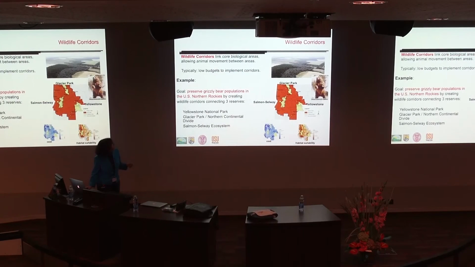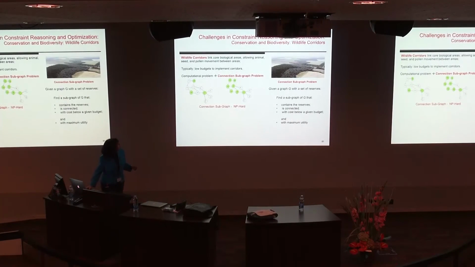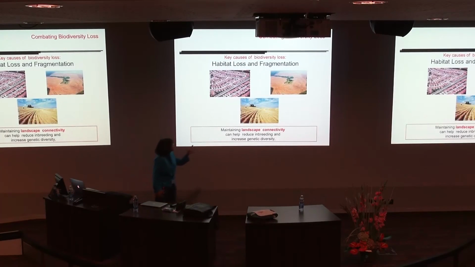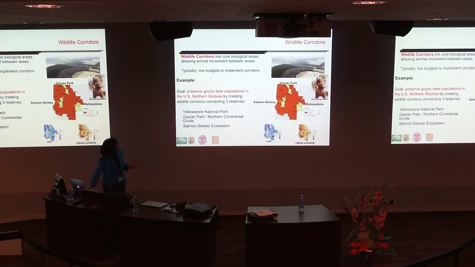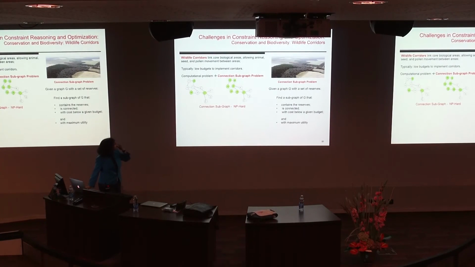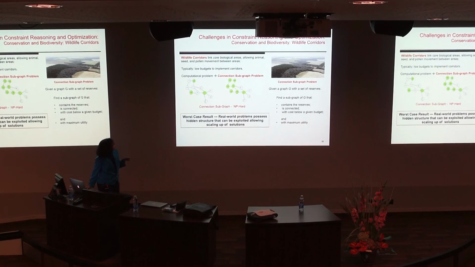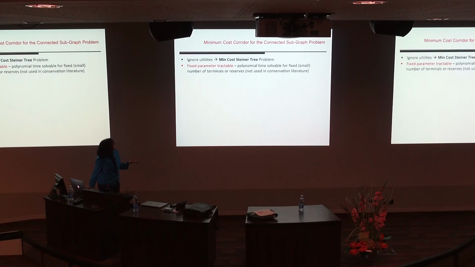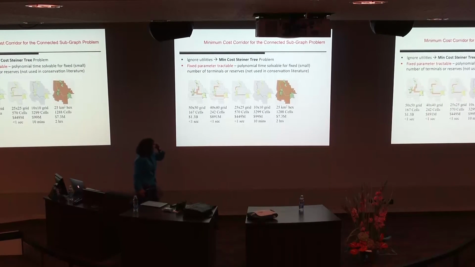So, I'll mention another big area, where in fact we started. This was also one of our first projects, building wildlife corridors. The idea is that you want to connect reserves so that you allow movement. And this is really a graph theoretical problem, and interestingly, very hard. We could not solve it, and then we were able to identify a particular case.